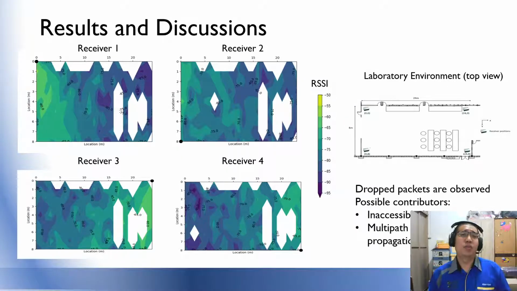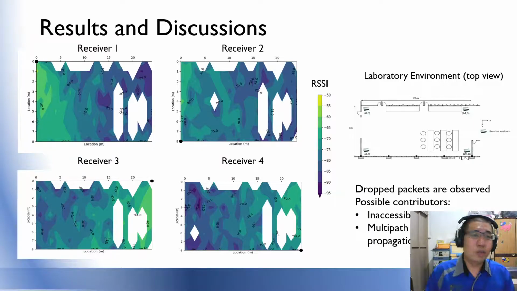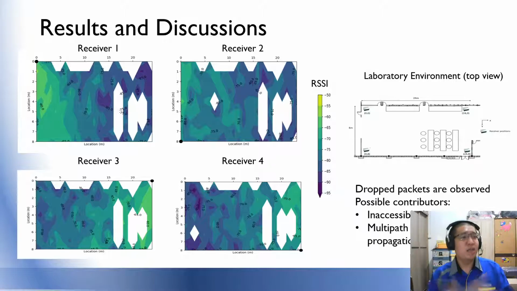In this experiment, the true value of RSSI at every single fingerprint location can be determined by averaging the RSSI collected within the given window period. Based on the plot, you can see that there are some missing plots at certain locations, and this is because of the laboratory hardware placed within the environment.